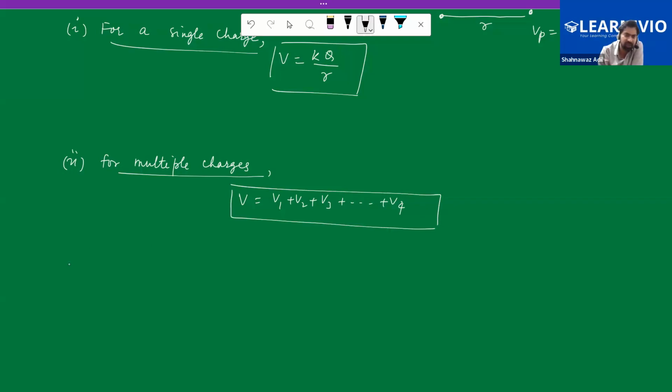And then you have the third point, which is for a dipole.